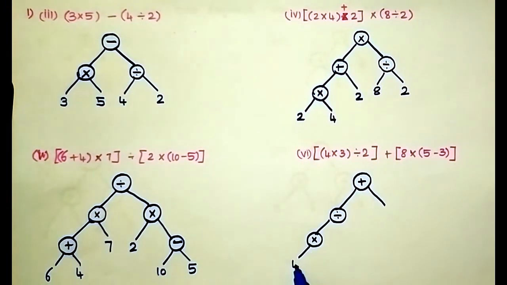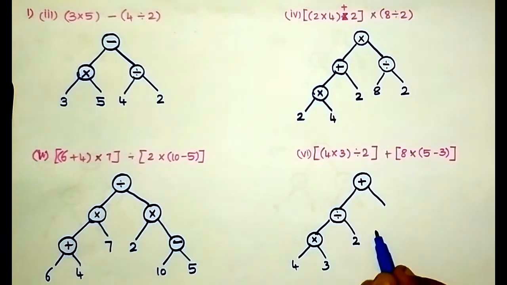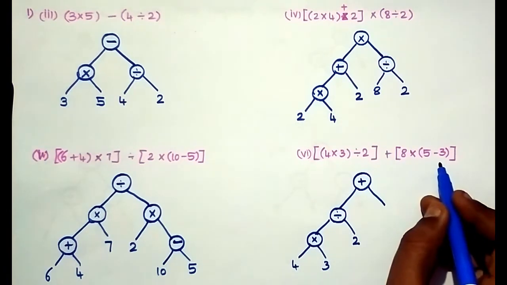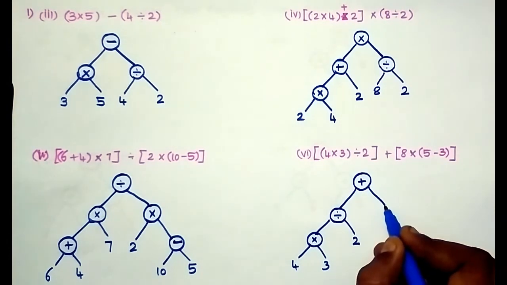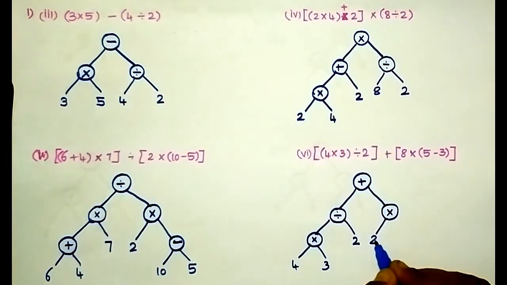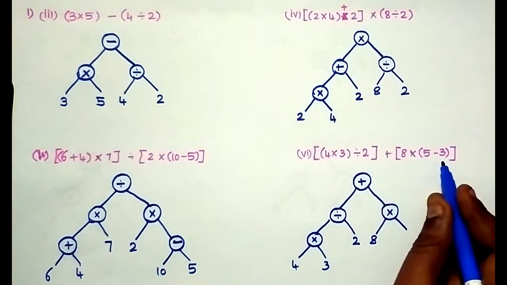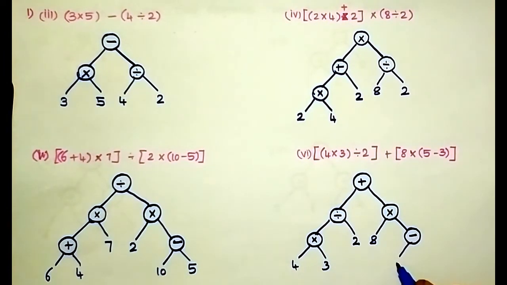Into, that is 4 and 3. Here 2. Now solve this bracket, 8 into 5 minus 3. We have to multiply which numbers? 8 and 5 minus 3. How will you write that? There is one operation, no? Inside the circle, minus, and which numbers? 5 and 3. That is the answer.